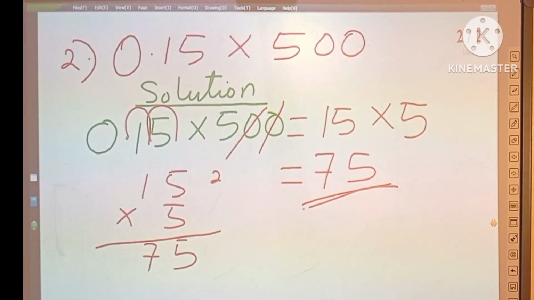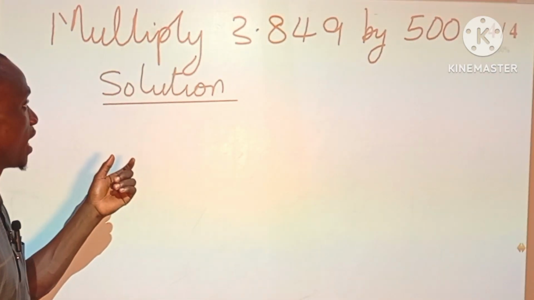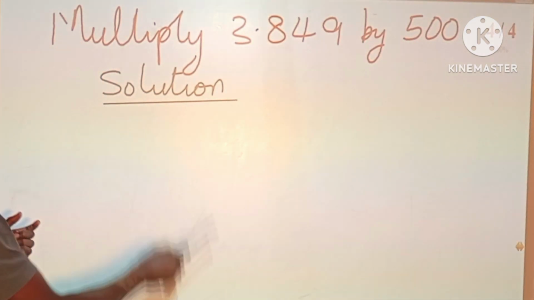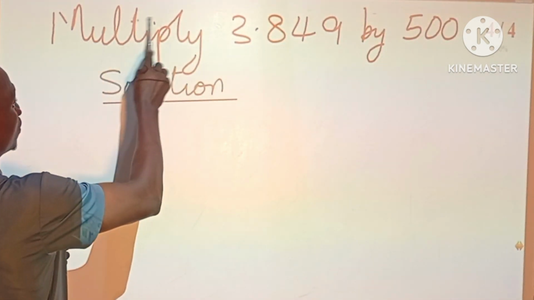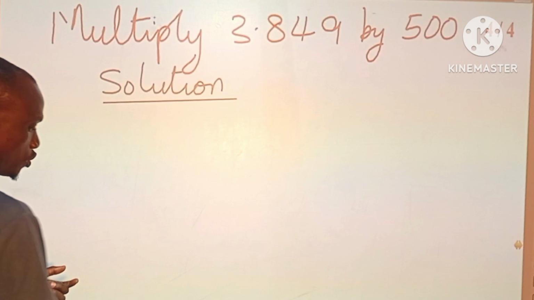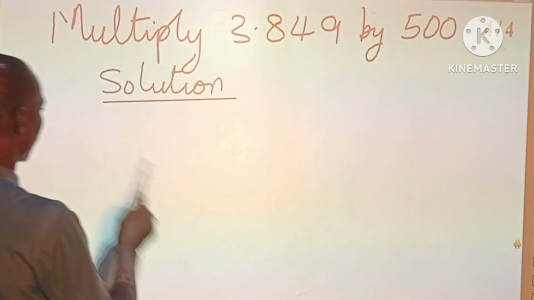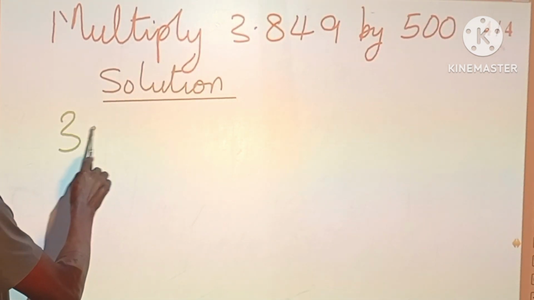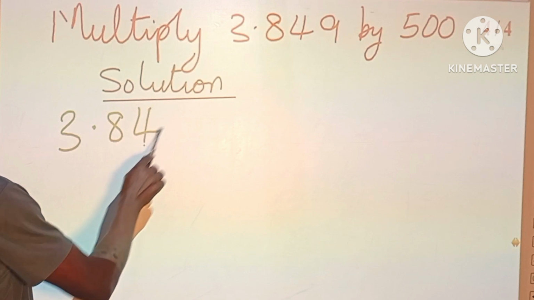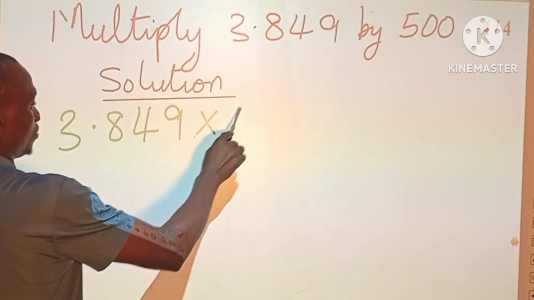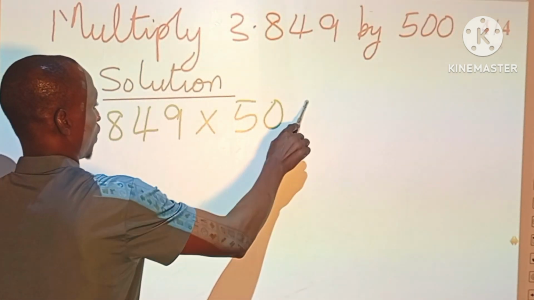Let us take the third question on this topic for today. Multiply 3.849 by 500. So our question is simple. 3.849 times 500.